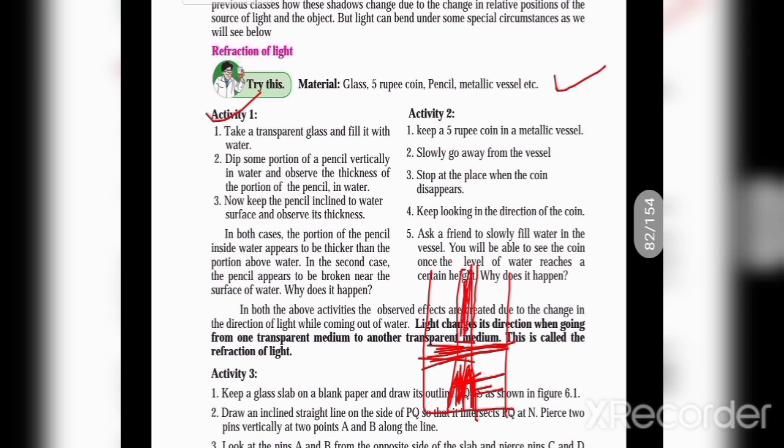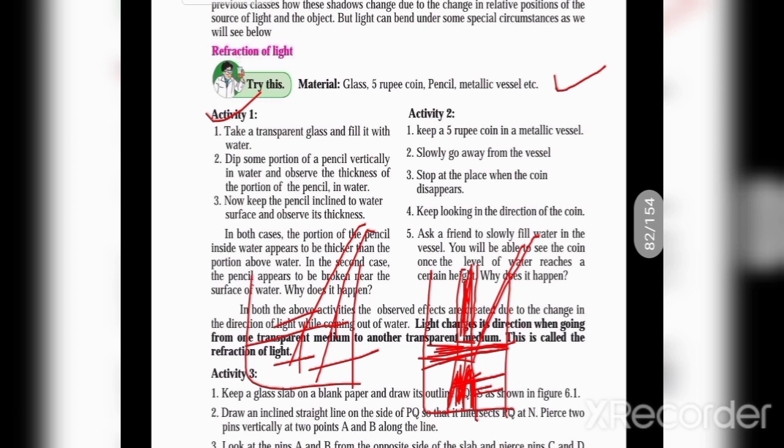Okay, now keep the pencil inclined to the water. Inclined means in this cross-sectional way. This is the water and the pencil is in such a way. Now keep the pencil inclined to the water surface and observe its thickness. What do we see from that?